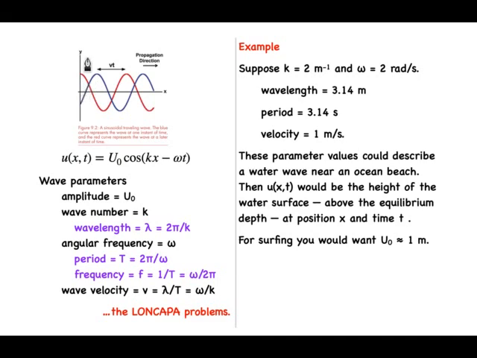Now, there are a number of parameters which define a wave. And I have this functional form, cosine kx minus omega t, and that depends on three parameters actually, u0, k, and omega. I should be able to relate all other wave parameters to these three.